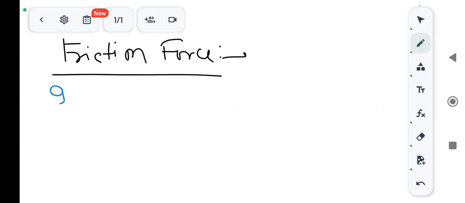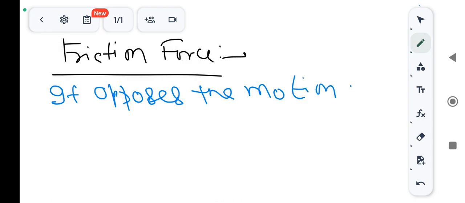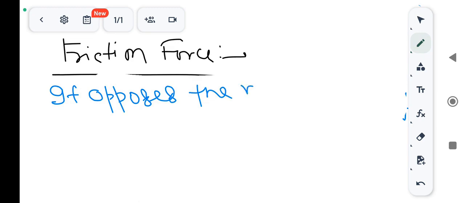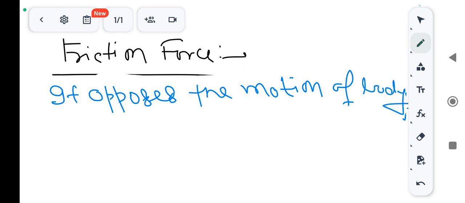The friction force opposes the motion of the body.